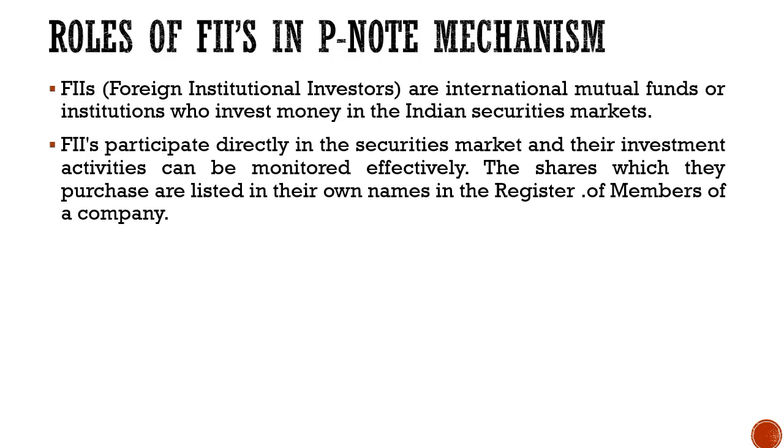The shares which they purchase are listed in their own names in the register of members of a company. So here the foreign investor's details are not included. There's no need of mentioning the foreign investor's details. They only have to take the money from the foreign investor and then they can buy in their own name.